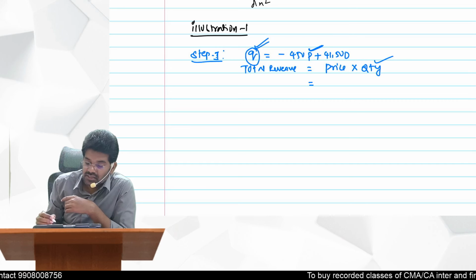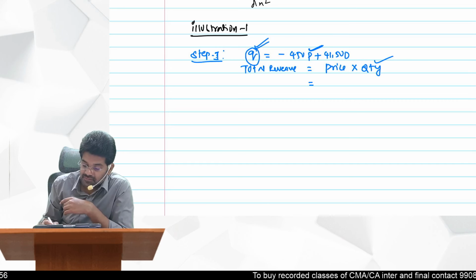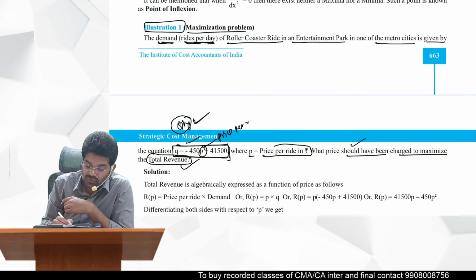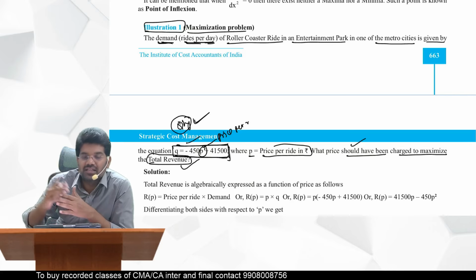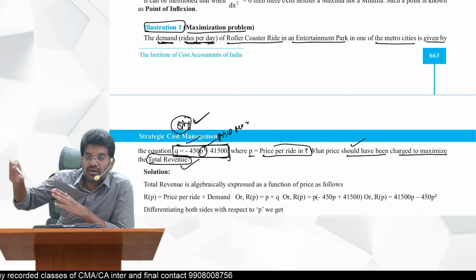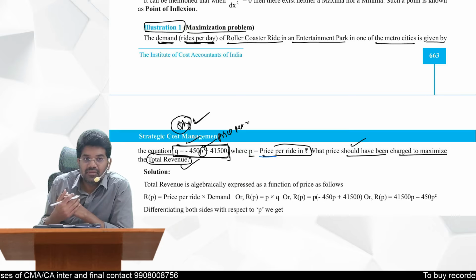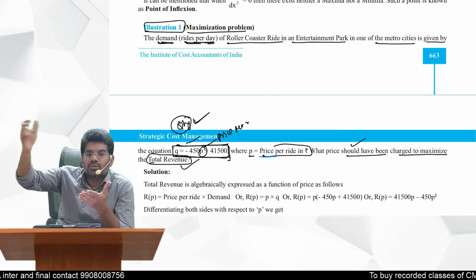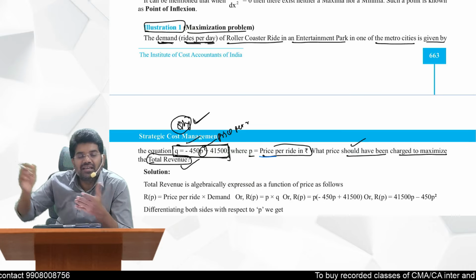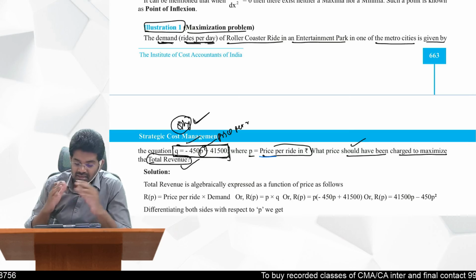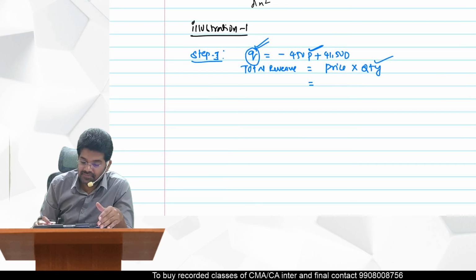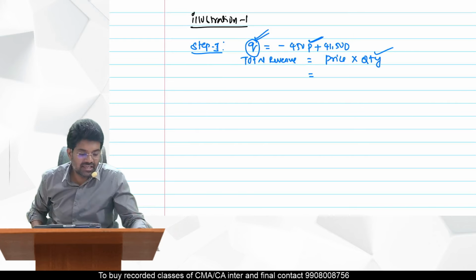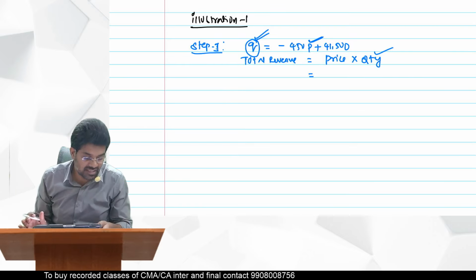Q is equal to minus 450p plus 41,500 represents the number of rides, basically quantity. Now what about price? We need to multiply the price with our quantity. So how do we get the total revenue? Total revenue is price into quantity. So what is your price and what is the quantity here?